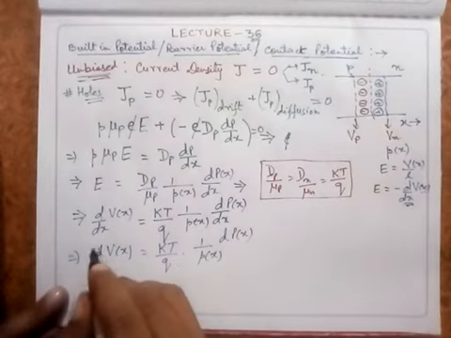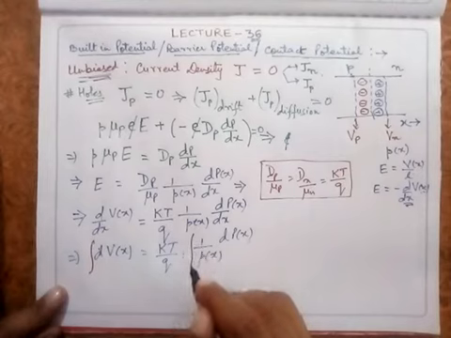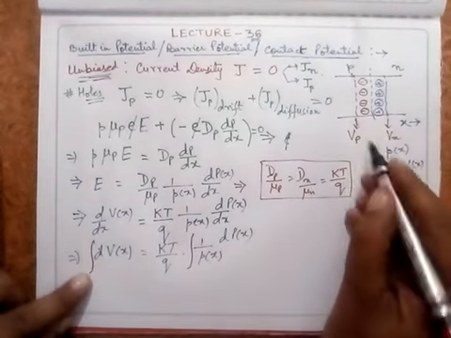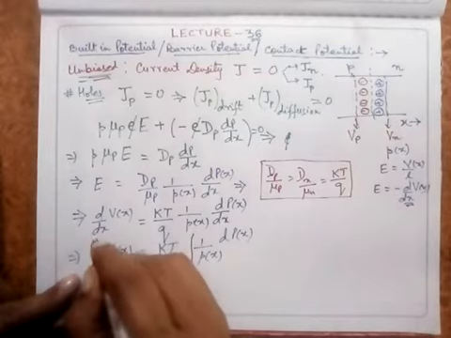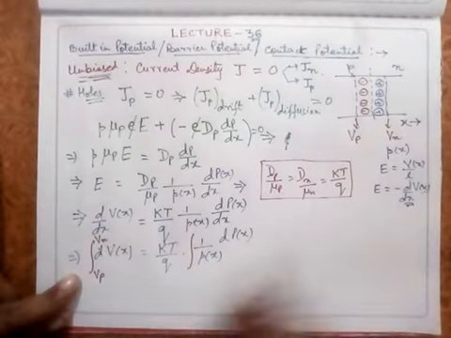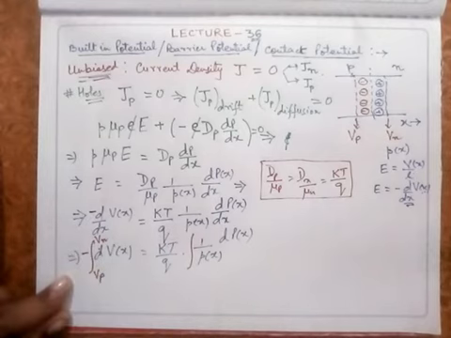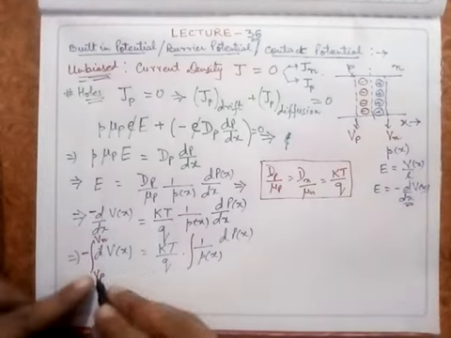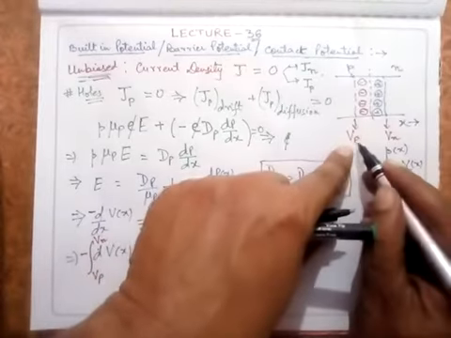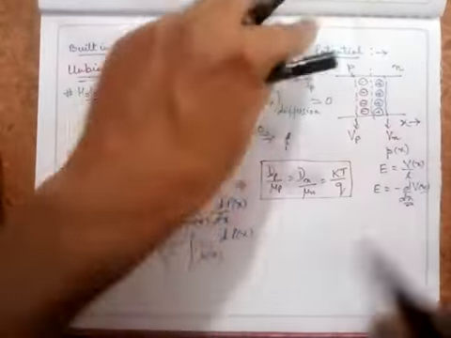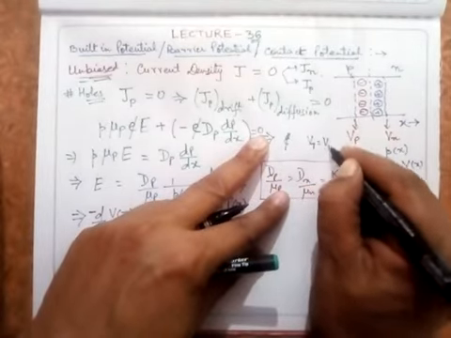Now in order to find this, I integrate this. This is constant, so I integrate here. The initial value is Vp, so the limits are Vp to Vn. Of course, I missed one minus sign here. And if I find from here Vn minus Vp, I can say that this Vt, which I am interested in, is Vn minus Vp.